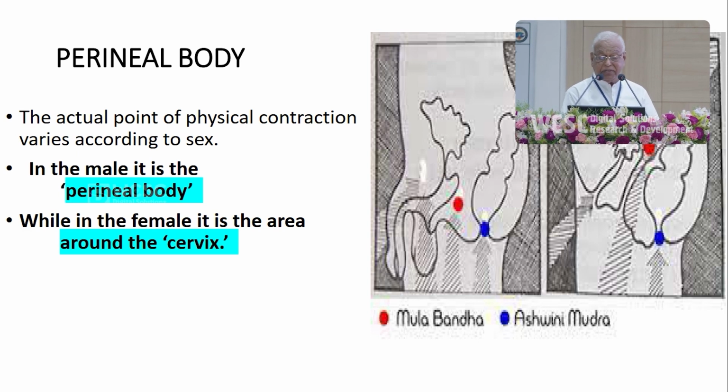And this perineal body, this genetic center, is very important, because all the muscles in this area converge towards this point. Spiritually also, they say all the 72,000 nadis originate from this center.